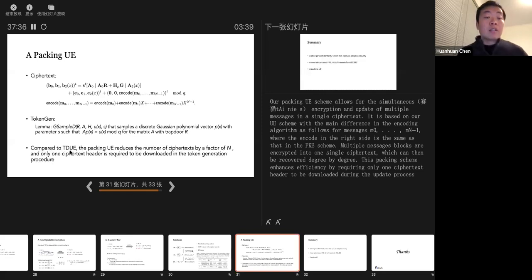And compared to the trapdoor-based UE, the packing UE can further reduce the cost by a factor of n.